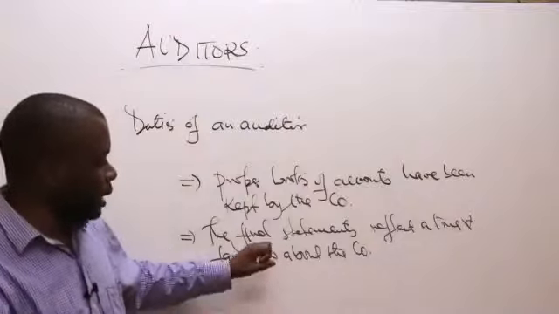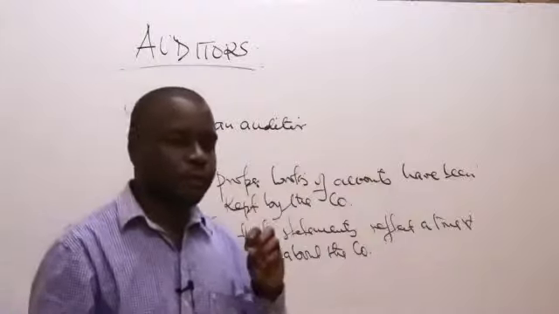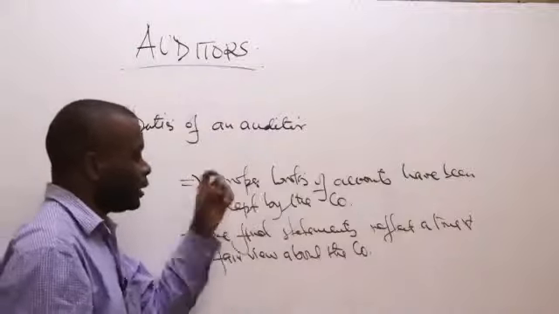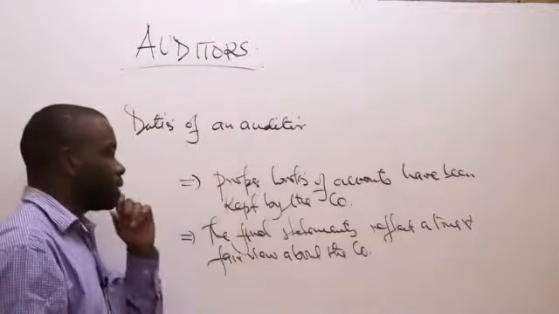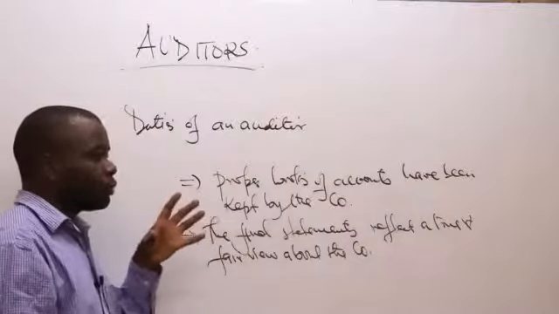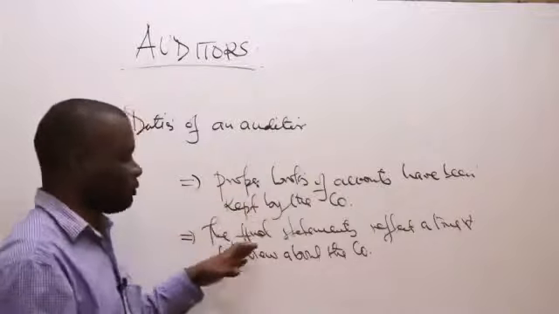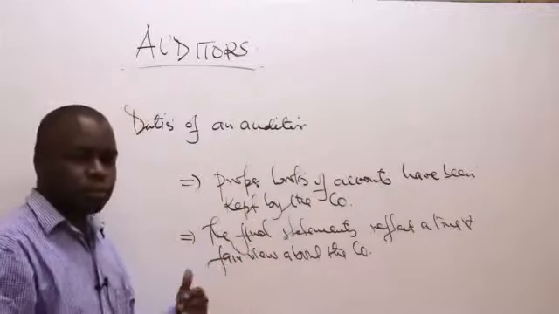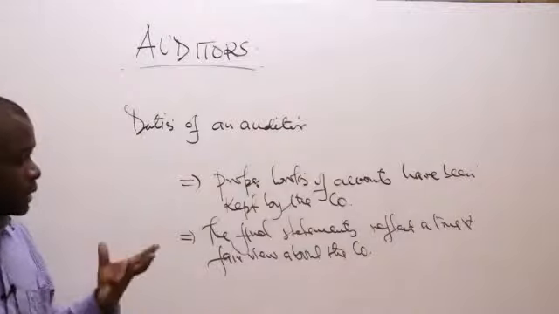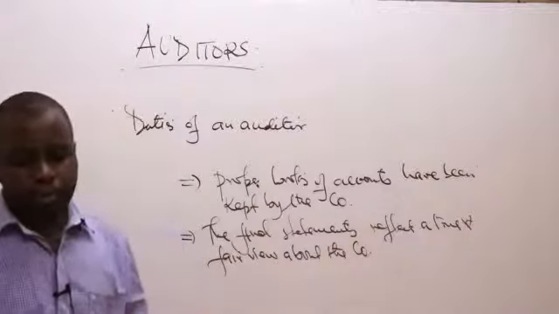That income statement should reflect a true and fair view about the company with regard to the books of accounts which have been kept. From those proper books of accounts, that's when you can get the final statements. So that will be part of his work when he's presenting the books of accounts to the members at the annual general meeting.